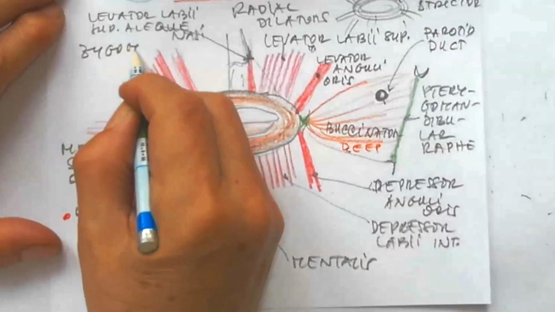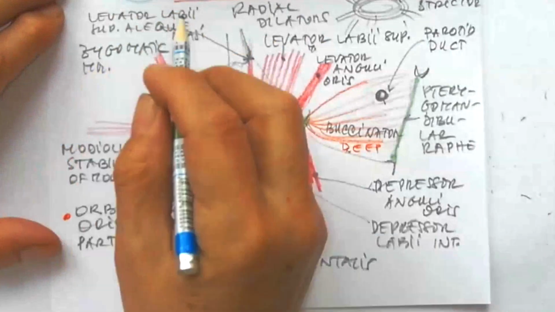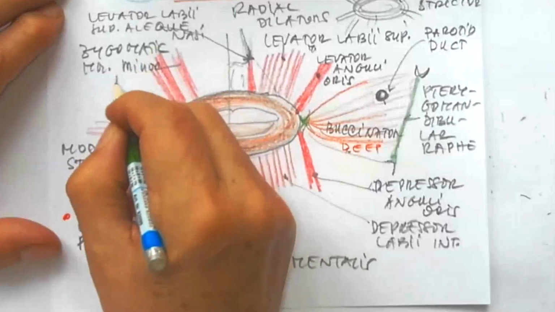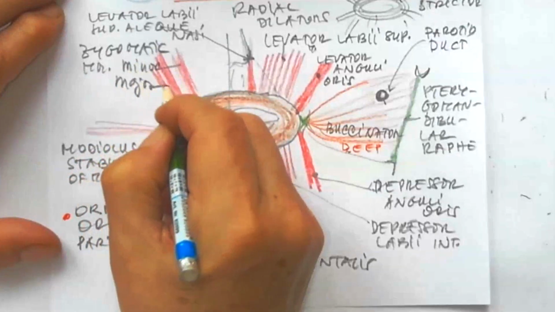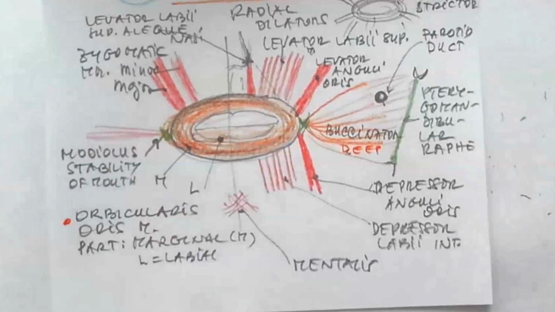Zygomatic muscles. They are also elevator muscles, and these are minor, first one minor, then major. Finished. So very quickly, we have seen the review of the muscles of the head, all the categories. Even in the short review, we have mentioned all of them.